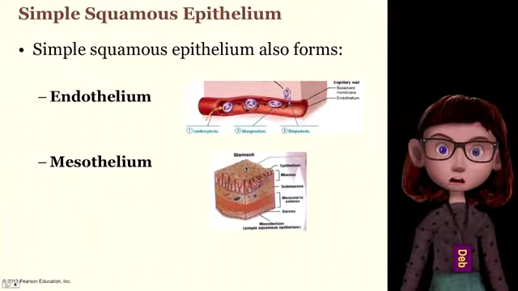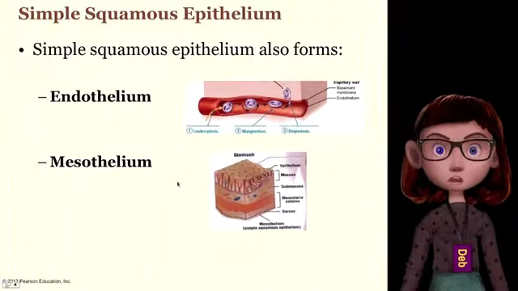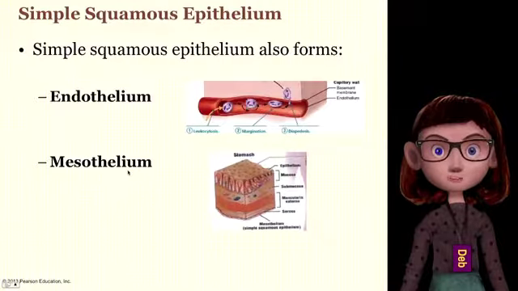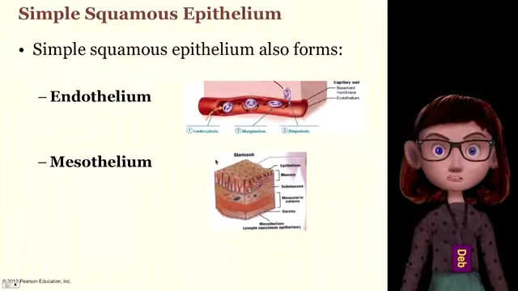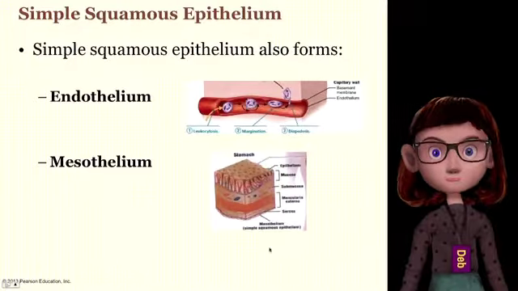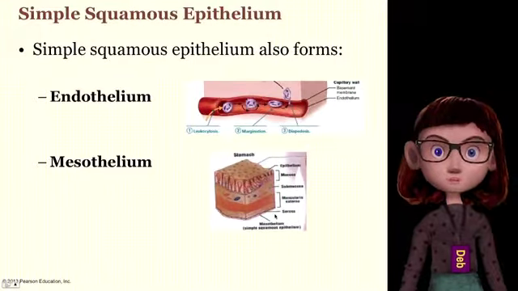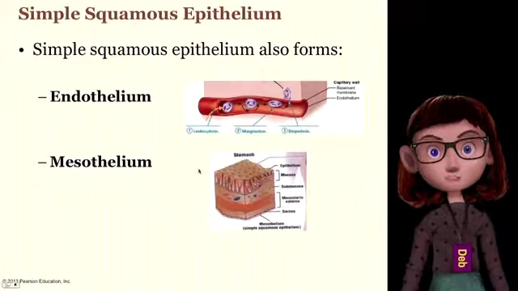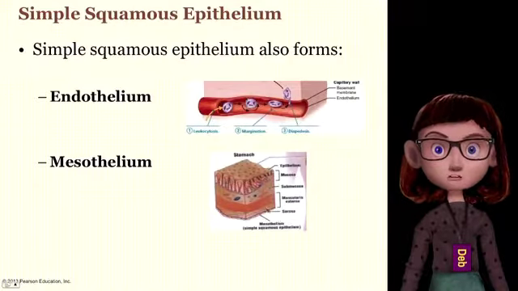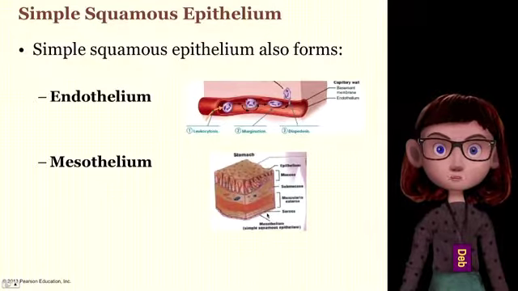Also, another place we find simple squamous epithelium is in the mesothelium. In lab, we talk about the various membranes with serous membranes, the serosa. There's that inner layer and the outer layer. Remember, the inner layer is called the visceral layer, and it's a very thin layer, and there's another layer on the other side, the parietal layer.